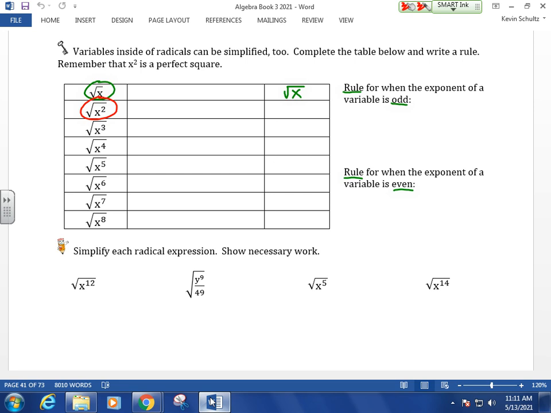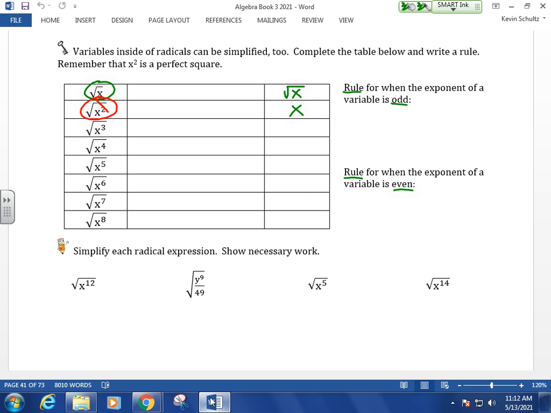We don't know what x is, but if we square x and then take the root of that, what are we going to be right back to again? X. So we've talked about before how a root and an exponent cancel out. The root of any variable squared is going to be x. Or if it's the root of y squared, it'll be y. Or the root of n squared is n. The root of any variable squared is that variable.